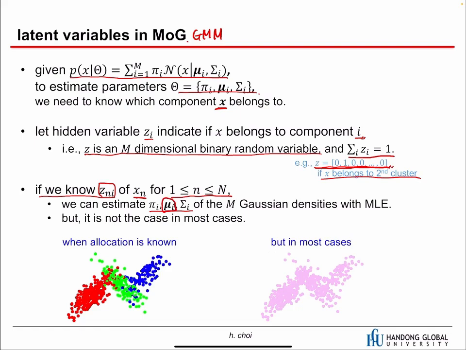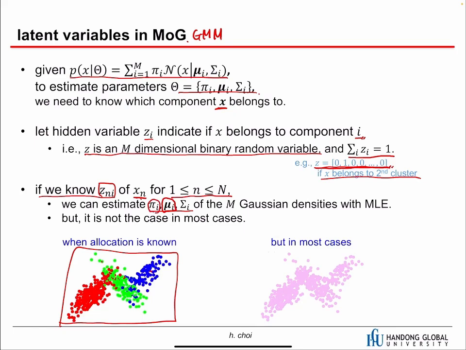Okay, likewise in the mixture of Gaussians, if we know which component xn belongs to, if we have this kind of knowledge, this point belongs to the first cluster, this one belongs to the second one, and this one belongs to the third one, then estimating these parameters is not that hard.